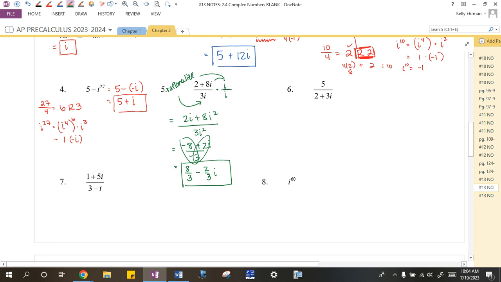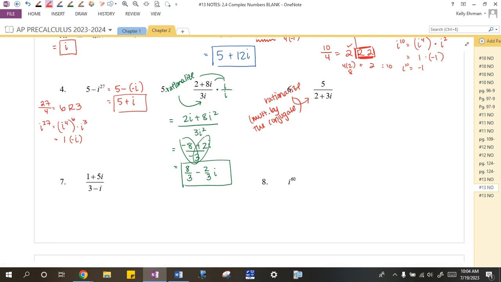If you have a binomial that contains an i in a denominator, like 6 and 7, you're still rationalizing. And in order to rationalize, we have to multiply by the conjugate. The conjugate is a pretty important thing that we're going to use in several different chapters.